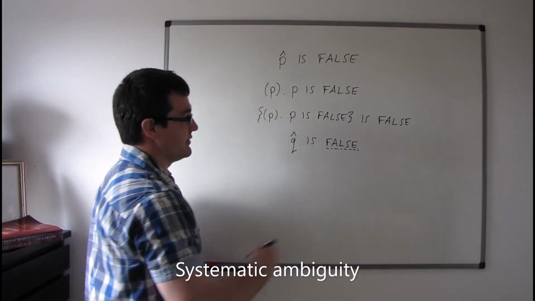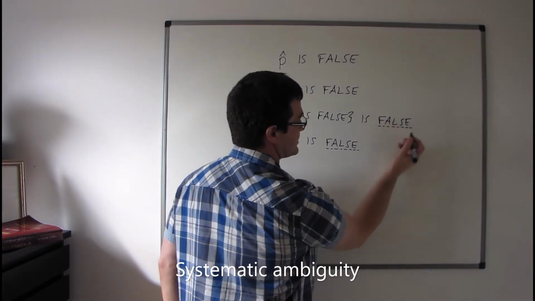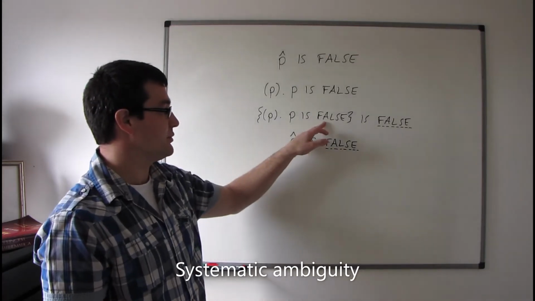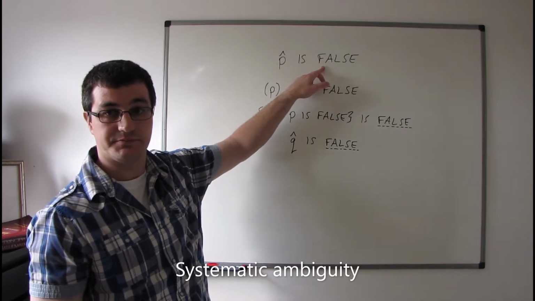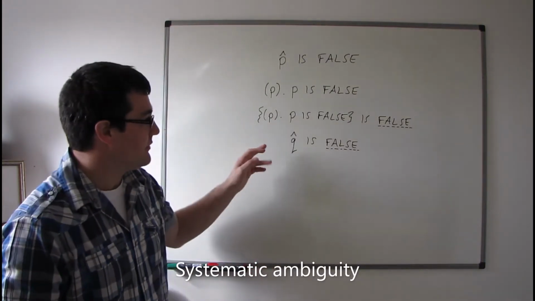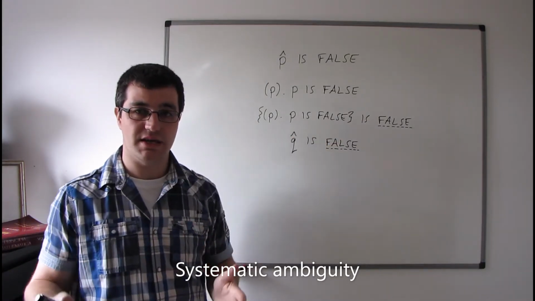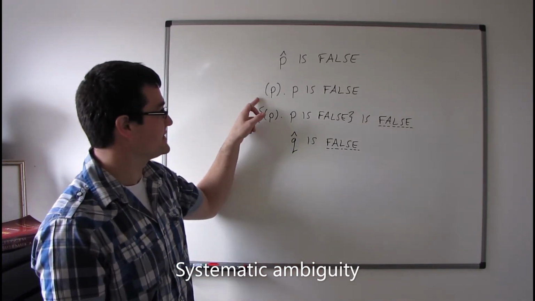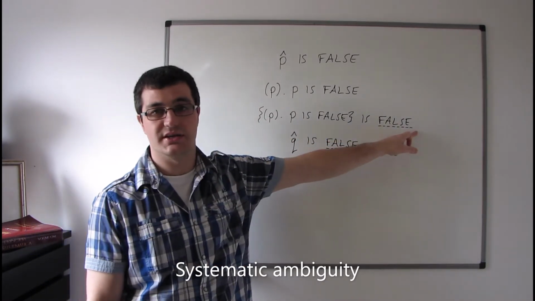So in other words, this use of the word false here is a use of the word false in this sense, and this use of the word false is a use of the word false in this sense here. So the upshot of all this then is that this word false will have different meanings as applied to different propositions. So notice that this proposition here is of a different type to this proposition here.